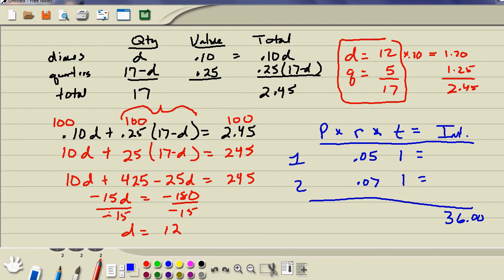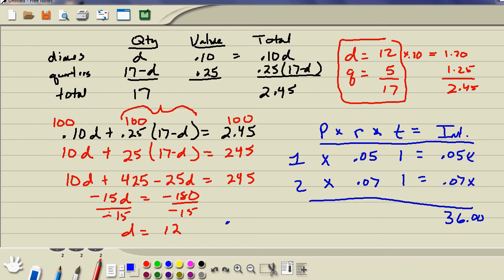Okay, so we don't know how much was invested. Well, it says that they are equal, so we could just say X. Because these 2 are equal, I can use the same variable, and then I just multiply it across, 0.05x and 0.07x.